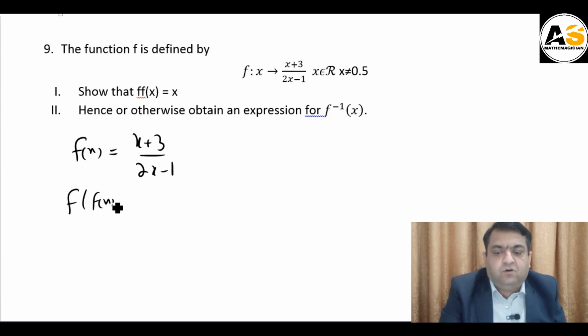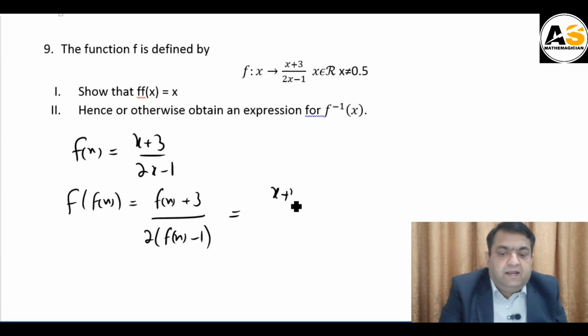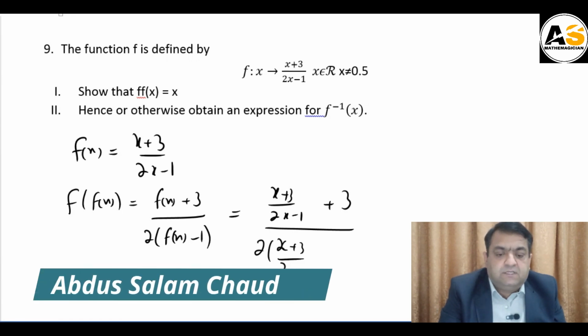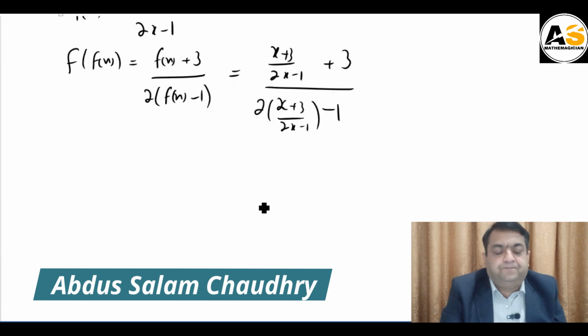What will f of f of x be? It will be (f(x) + 3)/(2f(x) - 1), which is ((x + 3)/(2x - 1) + 3)/(2 times (x + 3)/(2x - 1) - 1). So I will simplify it.